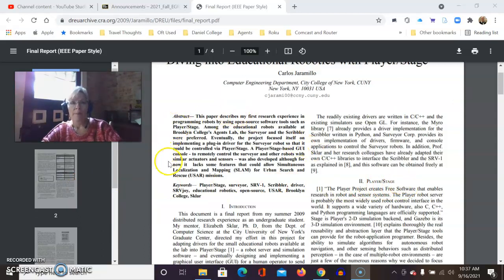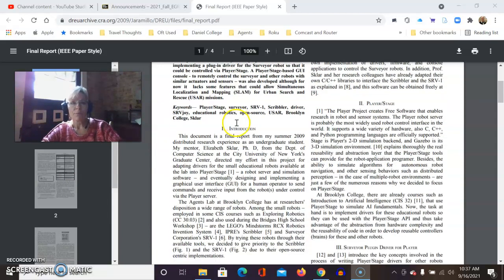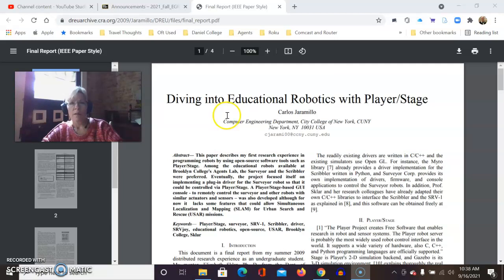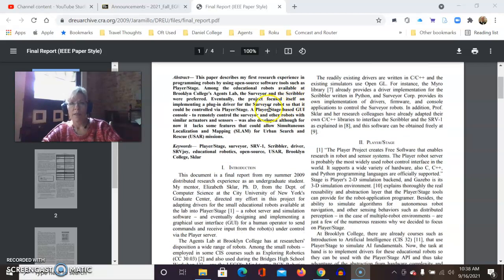The next thing after the abstract, you can see that there's a little section for keywords, and that looks similar to APA. And again, the keywords are actually intended for the librarian or the person who is filing this particular report in a database of some kind. They may not have any idea about educational robotics, so they may need some keywords like, what do I file this under in the database so that people can find it?